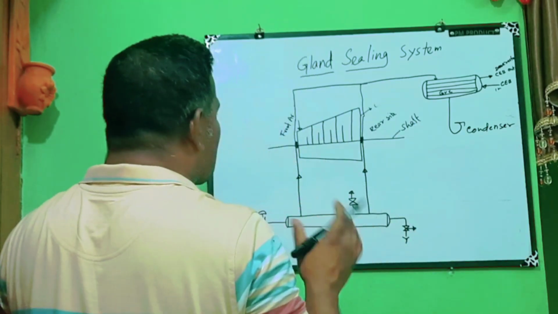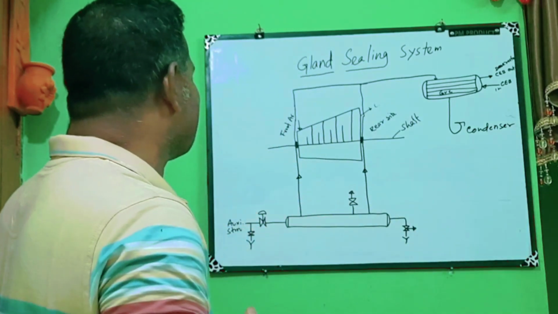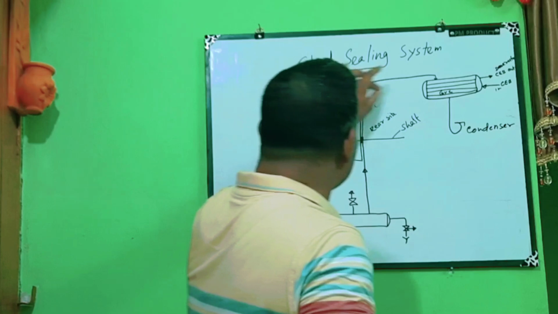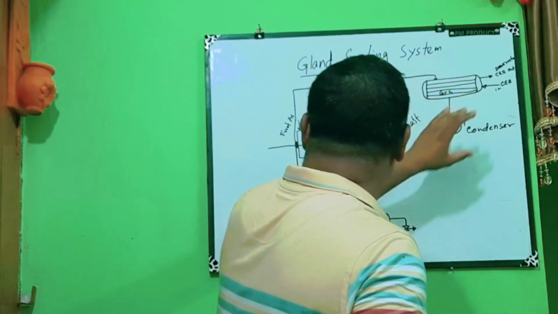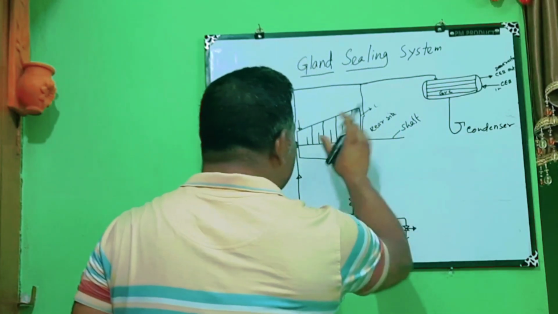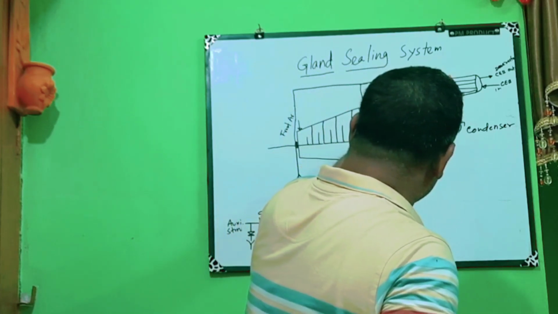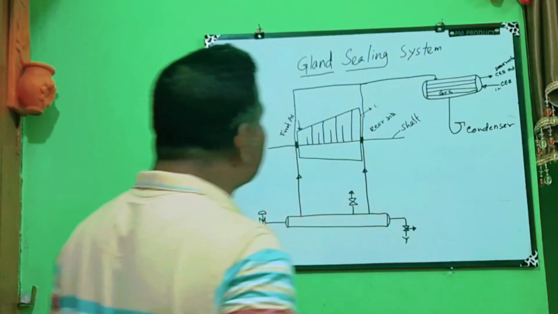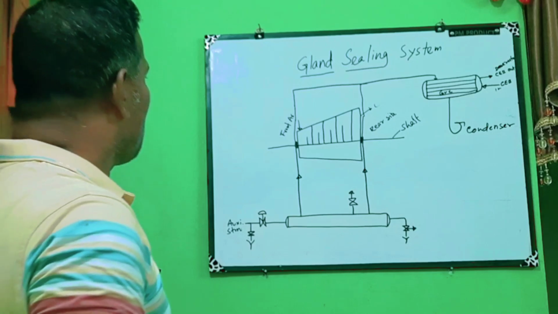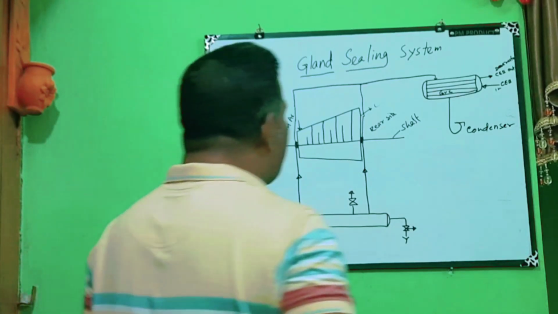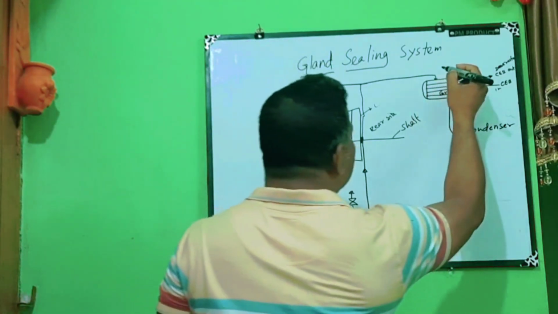In this way we are controlling the losses of sealing steam, but sealing steam will not go directly this way, because on this side the pressure is very low. This low pressure steam will not automatically go to the gland steam condenser area. For taking this steam, one ejector is required.